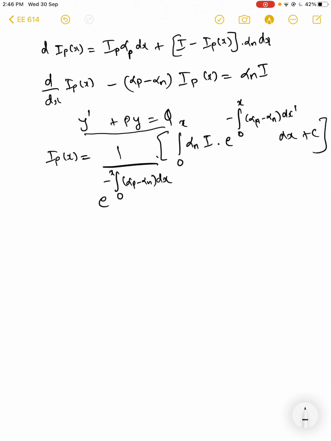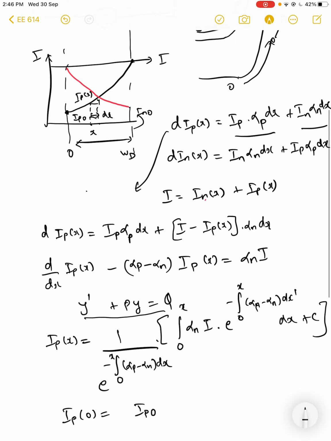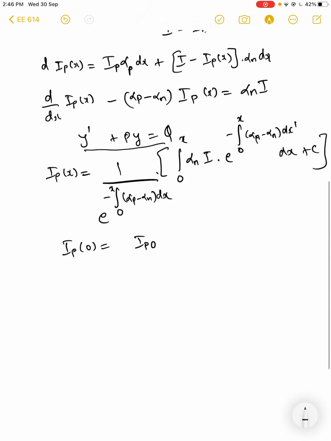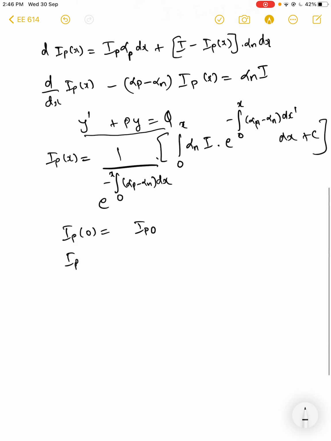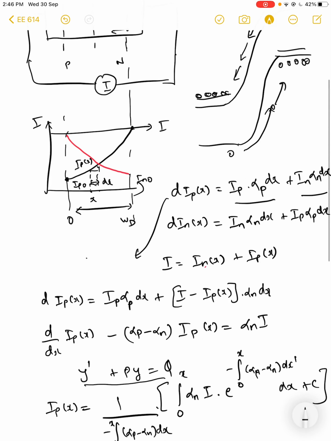You have two boundary conditions. You know Ip at x equal to 0 is Ip naught. We saw this particular point, right? And we know Ip at the end of the entire depletion width is basically I, right? The total current is anyway constant, so your thing will go from here to here.